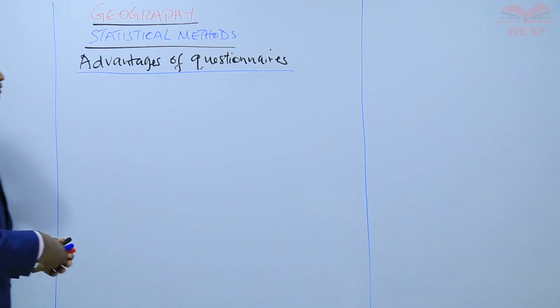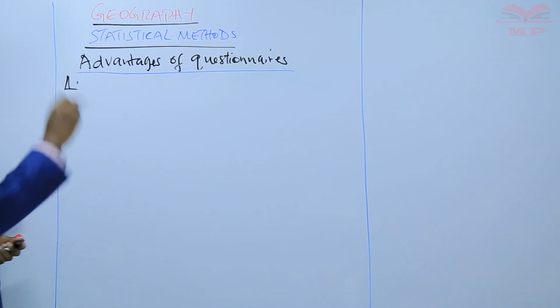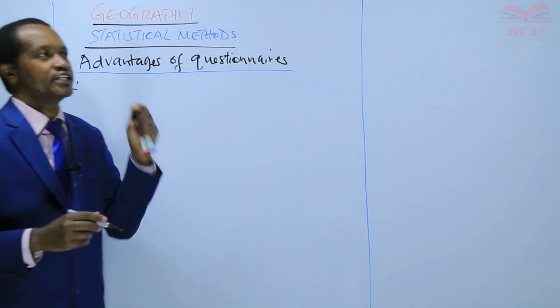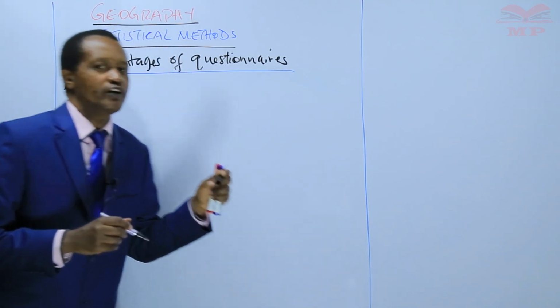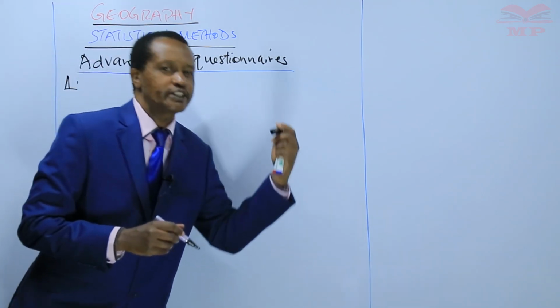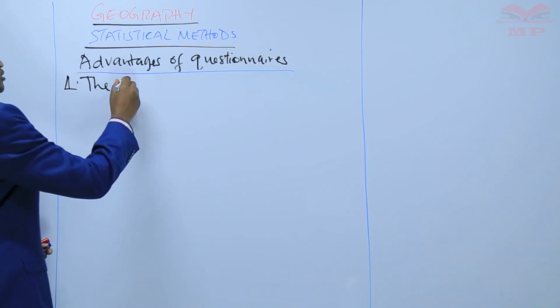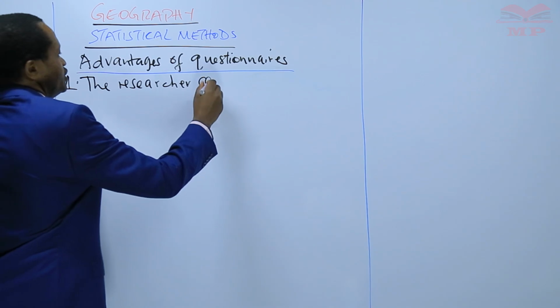Advantage number one. The first advantage is that the researcher is able to seek clarification of unclear responses. The researcher can do what?